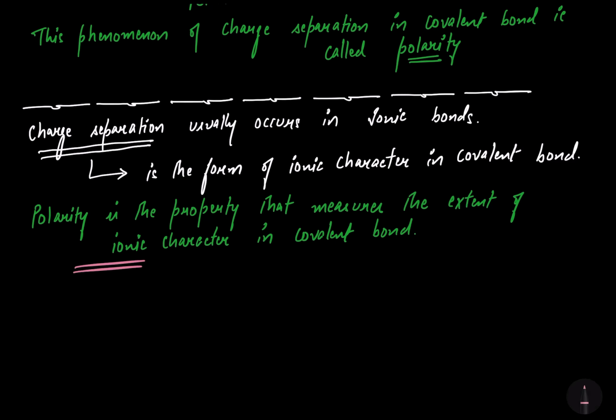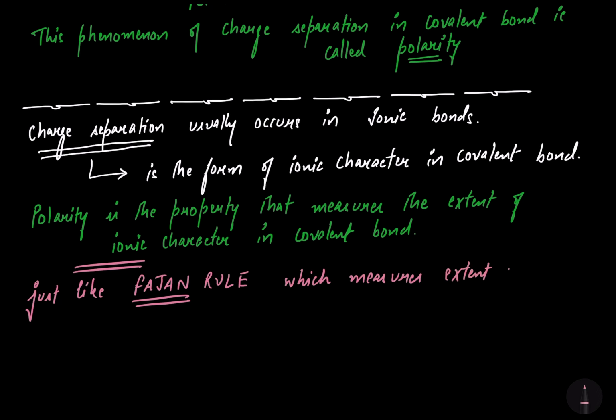Just like Fajan's rule, which we have done in the previous lectures, which measures the reverse of it, that is, the extent of covalent character in ionic bond.